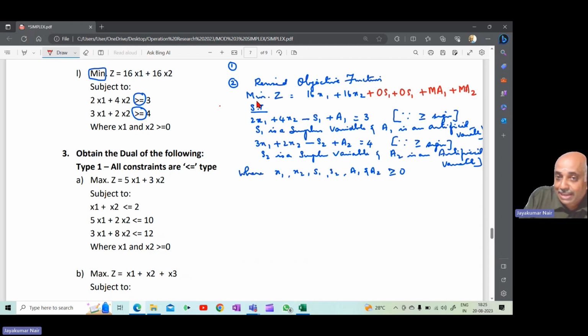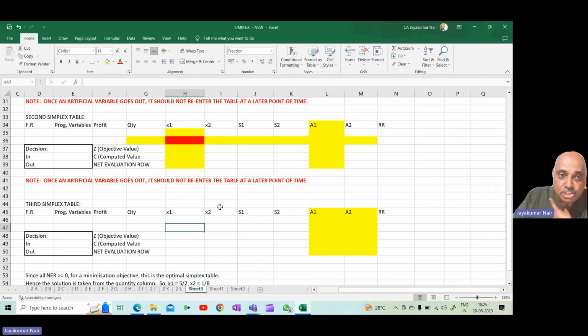Supposing it was a maximization problem, I would have written minus MA1 minus MA2. For minimization, it will be plus MA1 and plus MA2. So now the second step is over. We've formed the revised objective function and revised the model. Now we can prepare the initial simplex table.